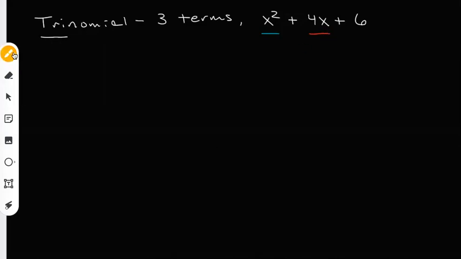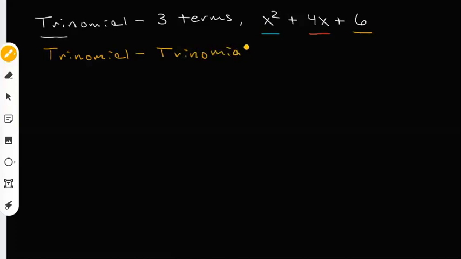And then the third and final term is the 6, so I'm going to underline that in yellow. You can plainly see that this has three terms. And what we're going to be doing is multiplying trinomials by trinomials, and I'll show you how to do it.